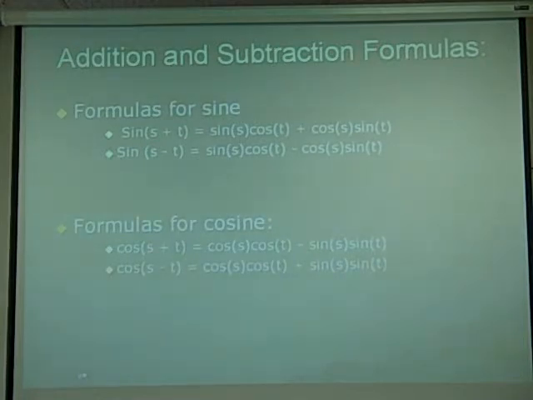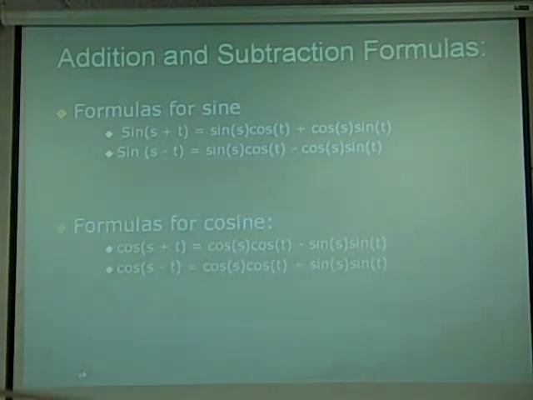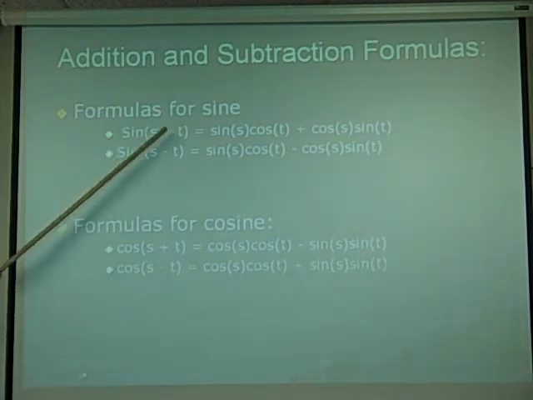We have sine of, in parentheses, s plus t. So we would look at those as angles, such as 30 degrees plus 60 degrees or whatever. And we would use these if we have, let's say, 105 degrees, we could split 105 degrees between 45 and then plus 60 gives us 105 degrees.